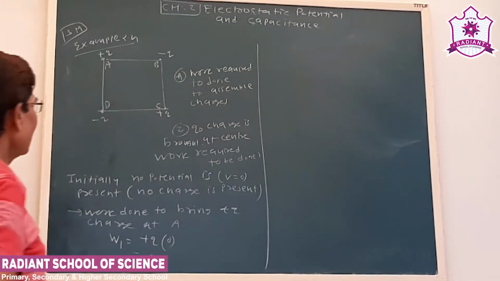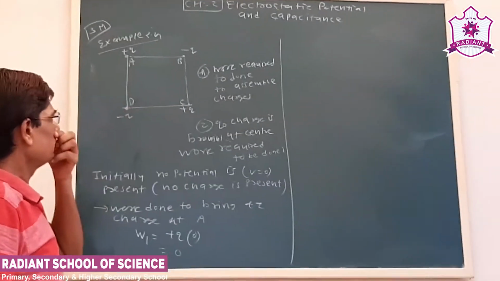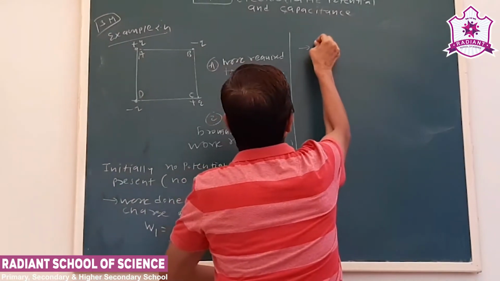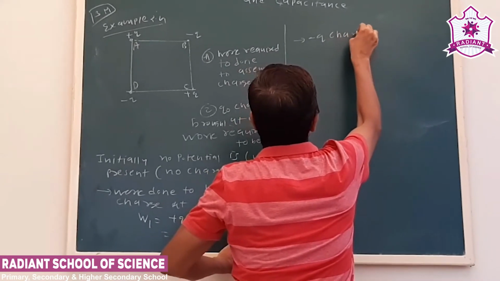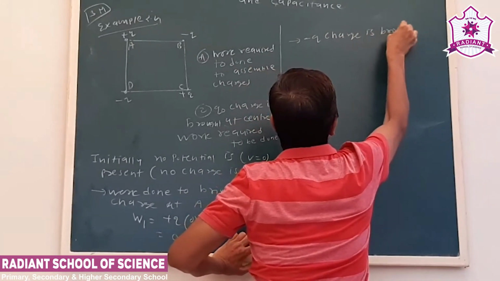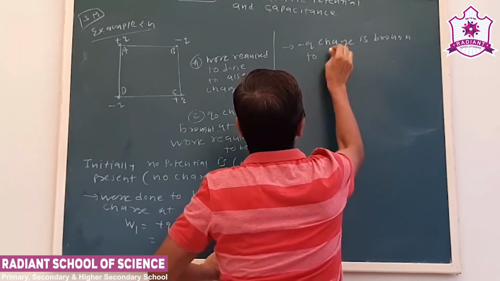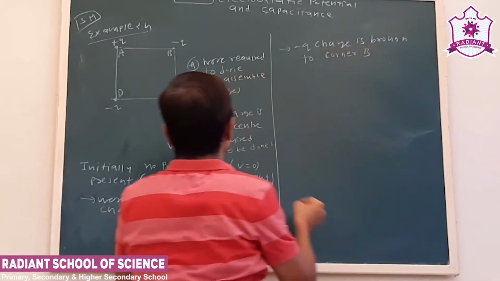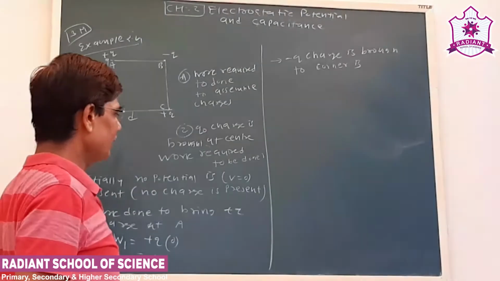Now secondly, we bring minus Q charge at B. Given that D is the length of the side of the square.